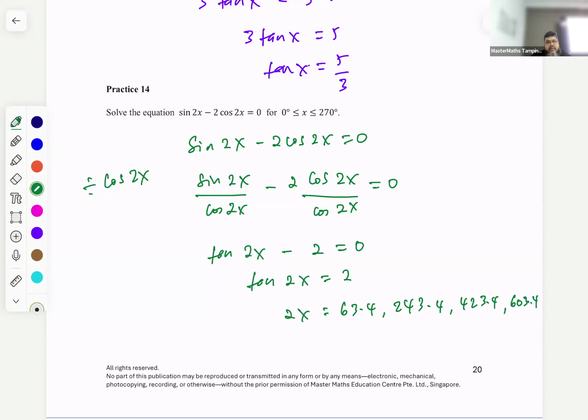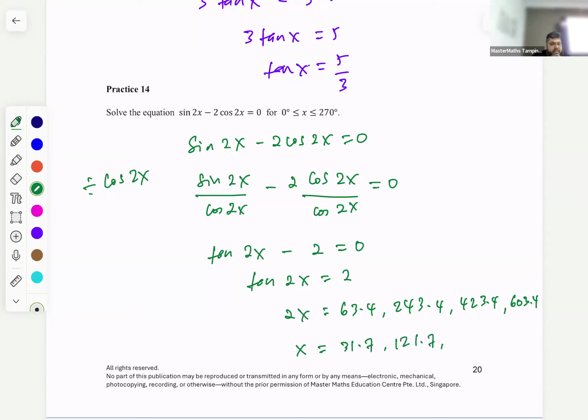Now, after getting all this, go and do your x. 63.4 divided by 2, you get 31.7. 243.4 divided by 2, you get 121.7.